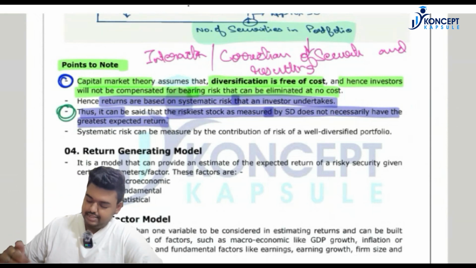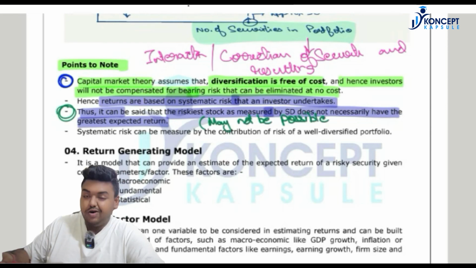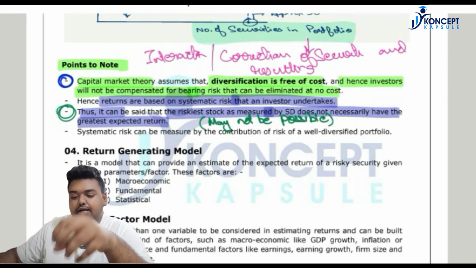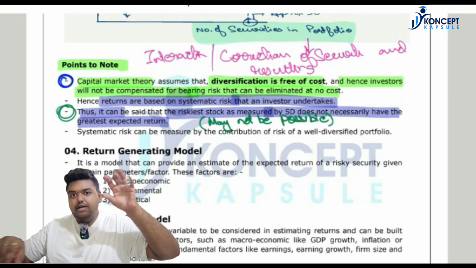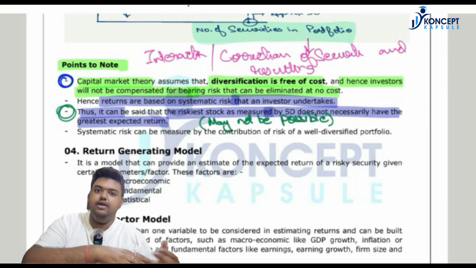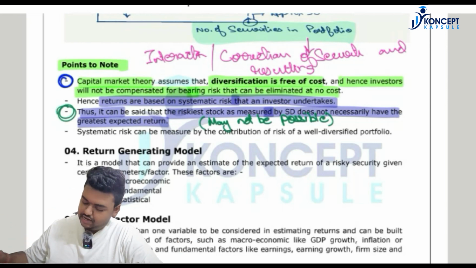But it is saying that it may not be possible. Why? Because your total risk is a combination of systematic and unsystematic, and it might be that the standard deviation that has come so high, showing the total risk is higher, is just because of the unsystematic risk. Are we clear?